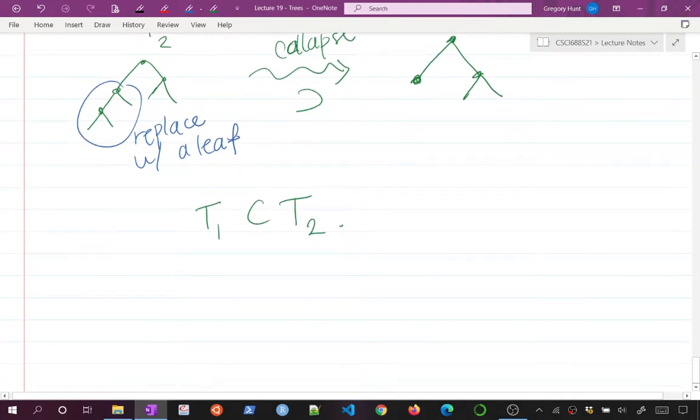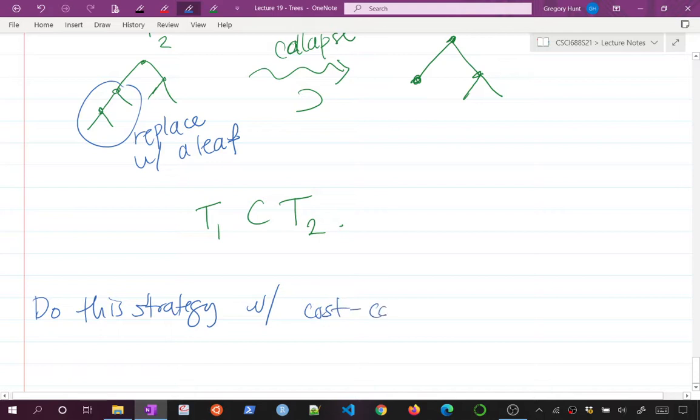So we can do pruning. We could do this strategy with what's called cost complexity pruning.